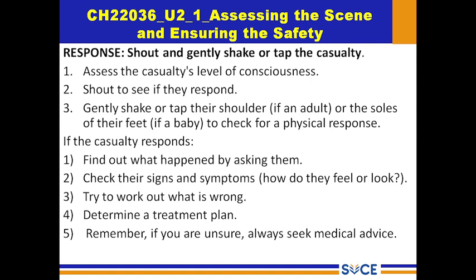Try to work out what is wrong. If they tell what is wrong, from there you start working it out and you will be able to set it right. Determine a treatment plan. Find out a treatment plan, or work out a plan. Then from there you start. Remember, if you are unsure, always seek medical advice.